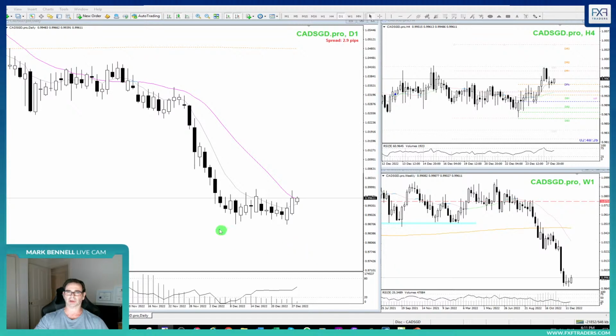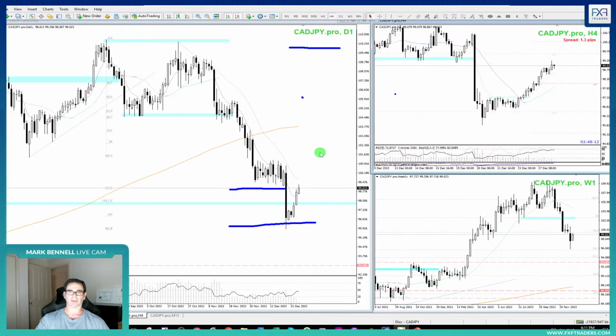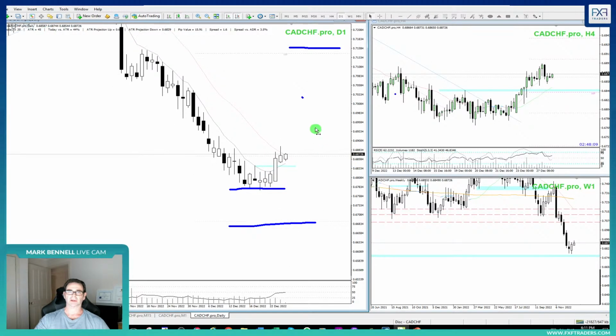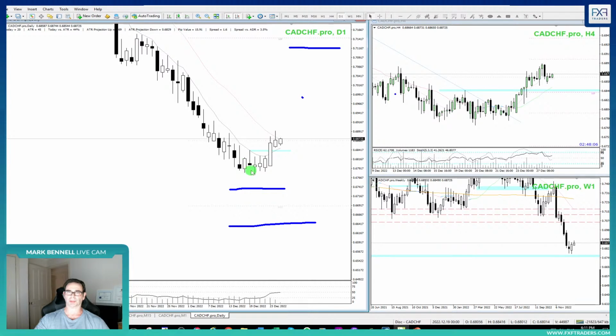So the very first thing I saw here on the CAD Singapore was this beautiful base across here. Now, just backing up to CAD Swiss. So you're very similar, but a shorter base through here. All right, so I hope a few of you got this one on Friday.